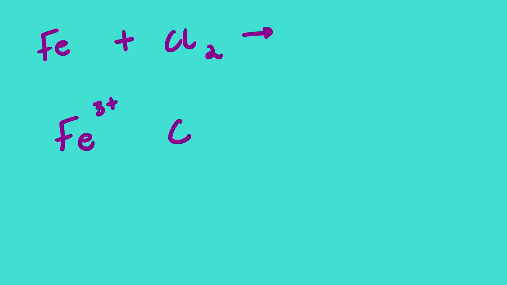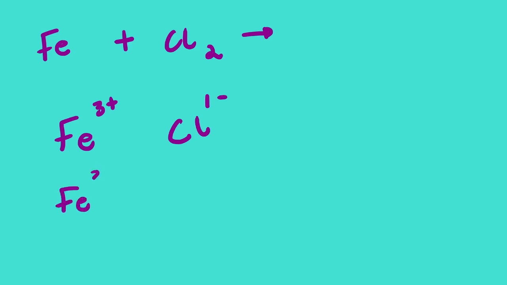Our next example, let us look at iron 3 reacting with chlorine. Then let us look at their products. Iron 3 has 3 plus, and then chlorine has 1 minus.